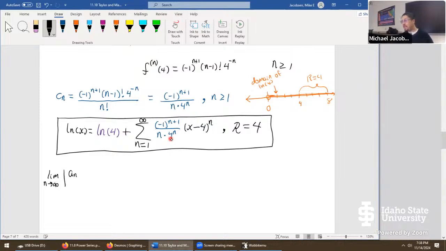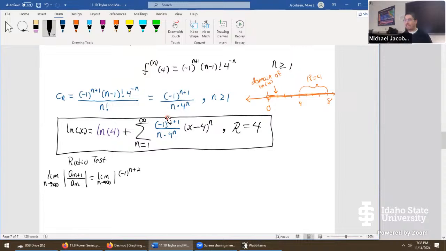We still have to take a_(n+1). a_(n+1) is referring to all of this with a new index, n plus 1. Divide by a_n. Let's indicate what we're using: ratio test. So now it's the limit as we go off to infinity of, plugging n plus 1 in first for the numerator, -1 to the power n plus 2.